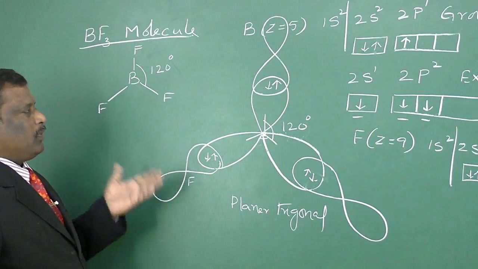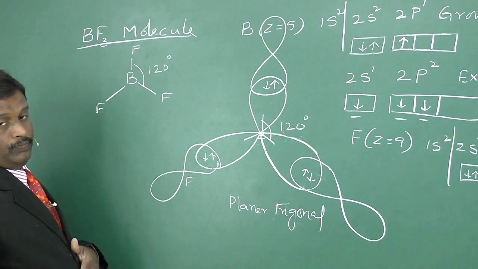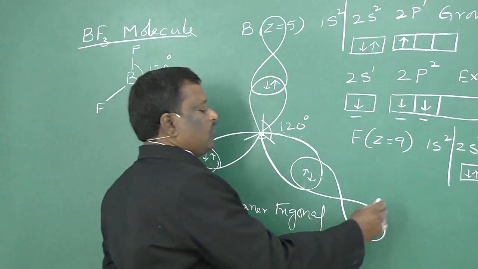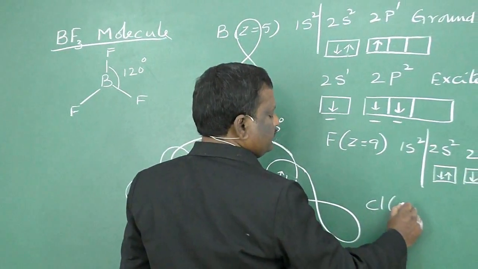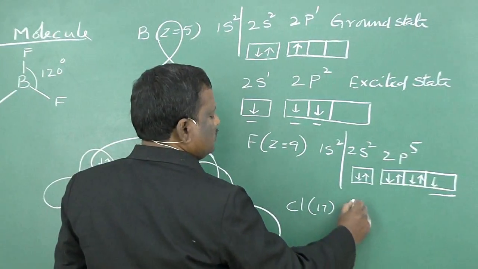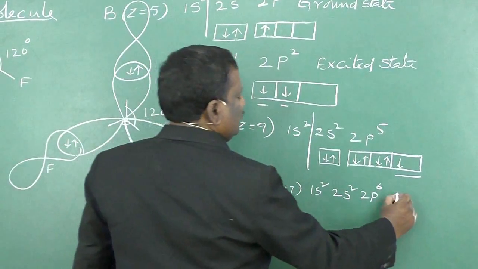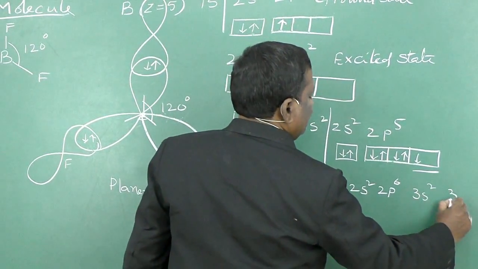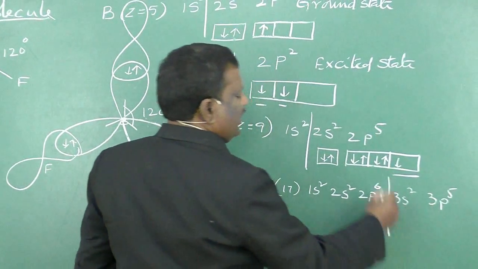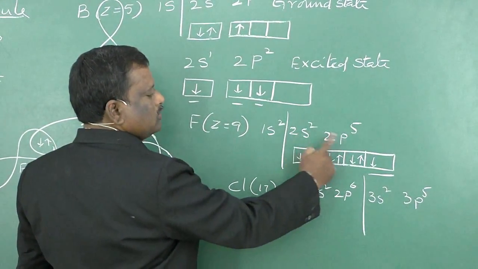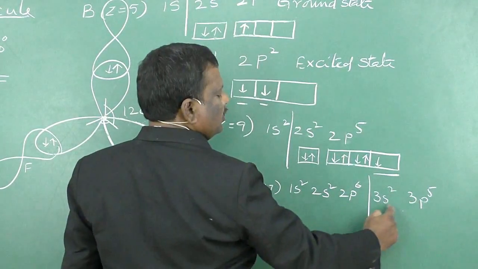Similarly, we can explain the structure of BCl3 also. You know the electronic configuration of chlorine, Z is 17, that is 1s2, 2s2, 2p6, 3s2, 3p5. So this is the valency shell. Just like the valency shell of fluorine, 2s2, 2p5, here we have 3s2, 3p5.